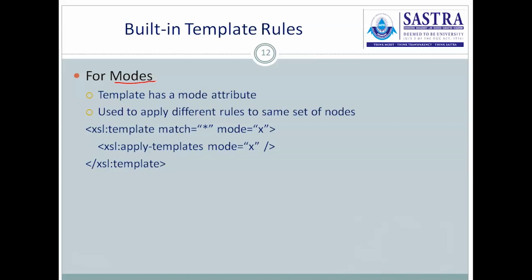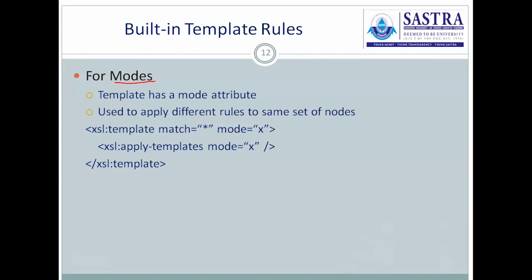Likewise we can define several item elements in our program. When we define the template without mode, one style is defined that will be applied to all the same elements. Wherever an item element is found, the same template will be applied.